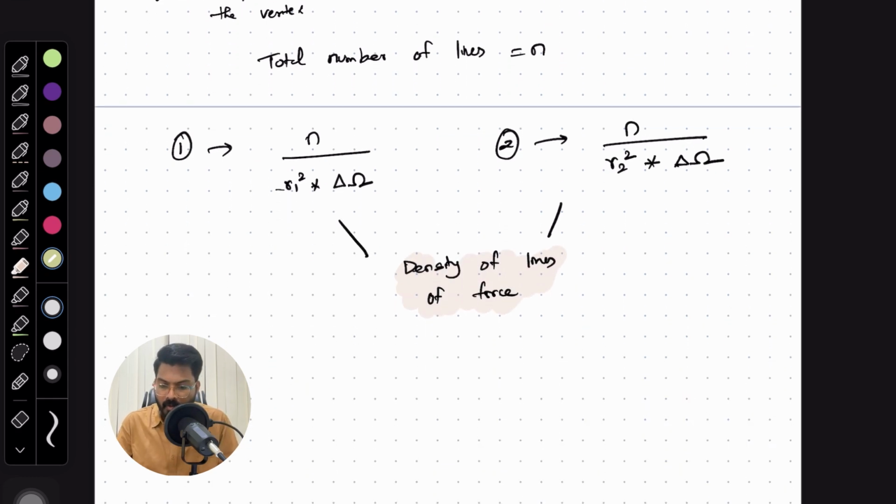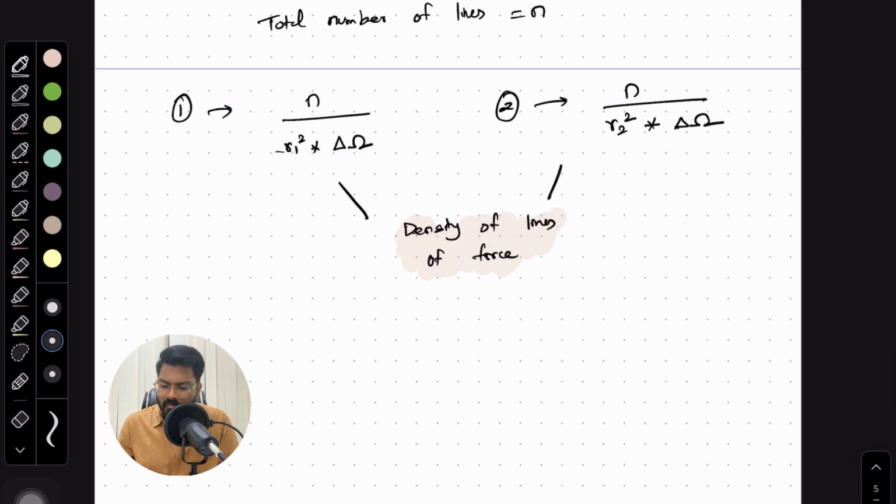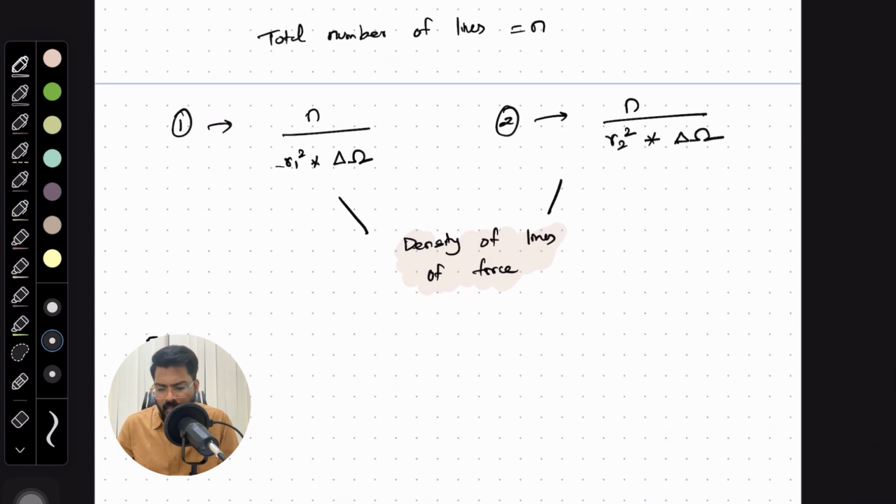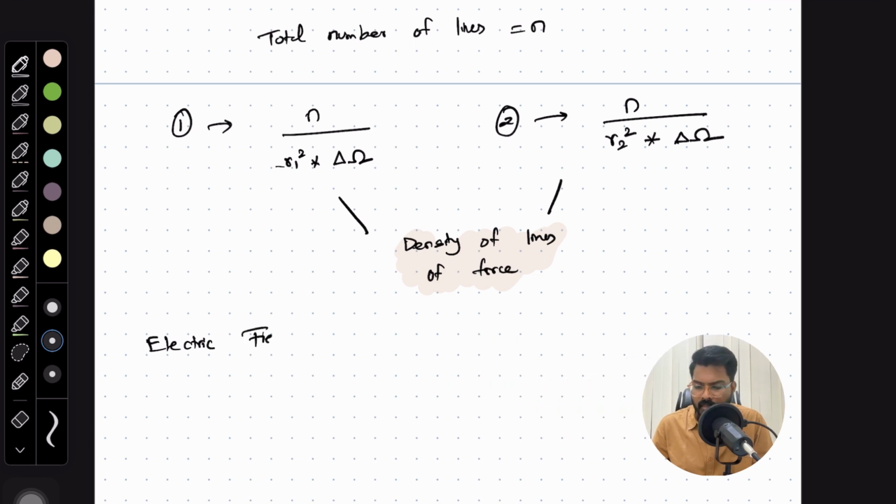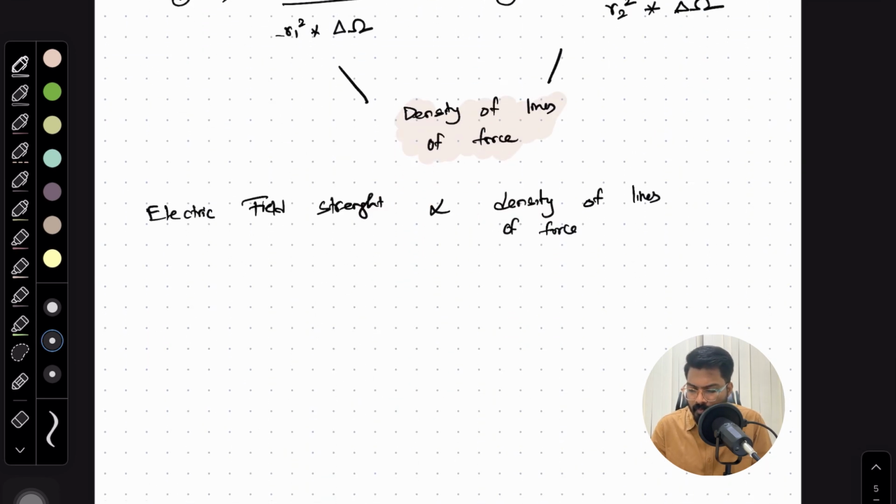But we already saw that electric field strength is proportional to the density of lines of force. We just saw that. So E1 is proportional to N by R1 squared into delta omega. Similarly, E2 is proportional to N by R2 squared into delta omega.